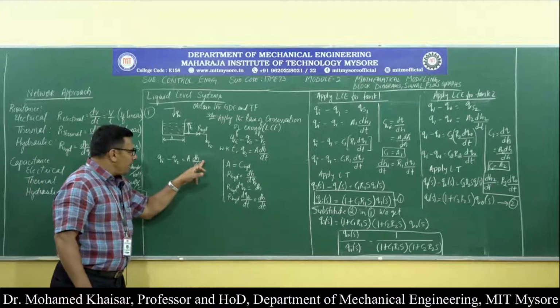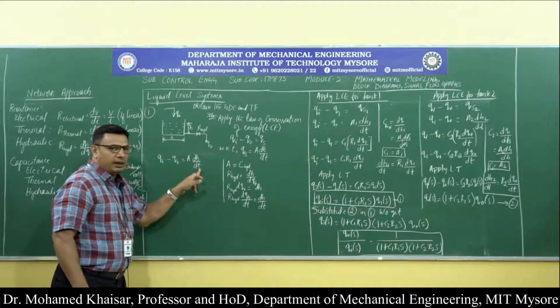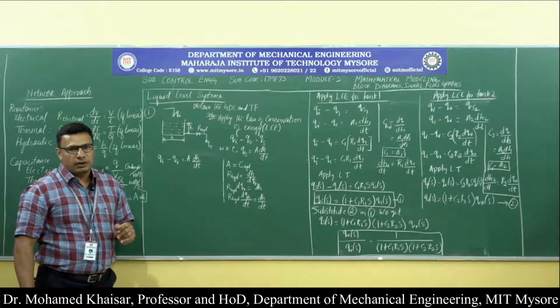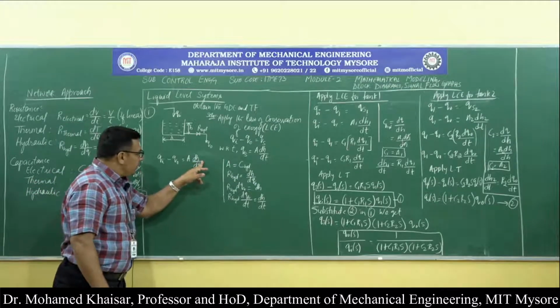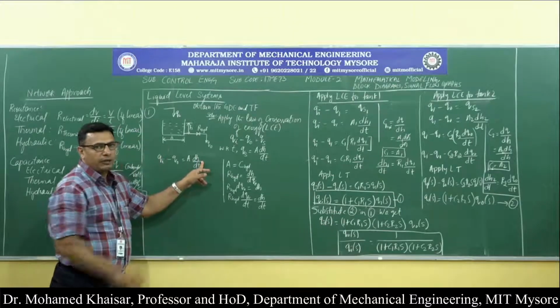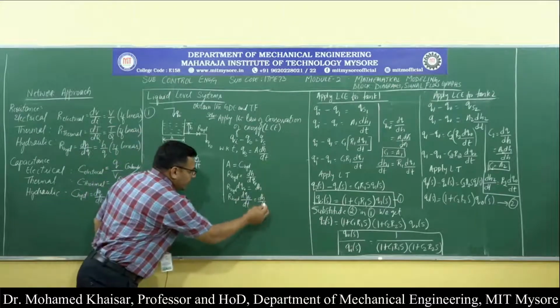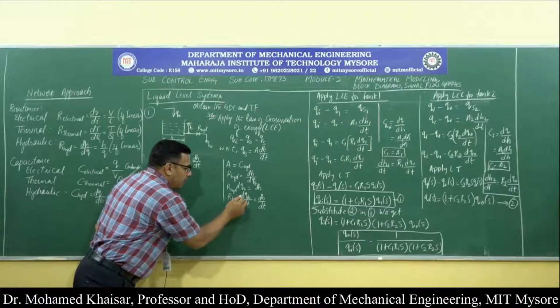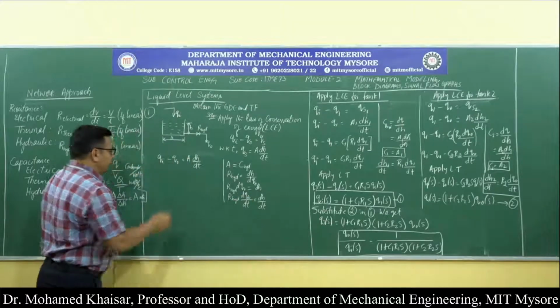With A into dH by dt, we don't have any term which is Qi or Q naught. So, using the network approach relationships as applied to hydraulic systems, dH by dt could be replaced by R hydraulic into dQ naught by dt.